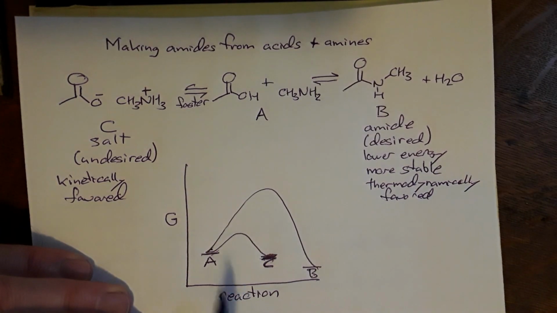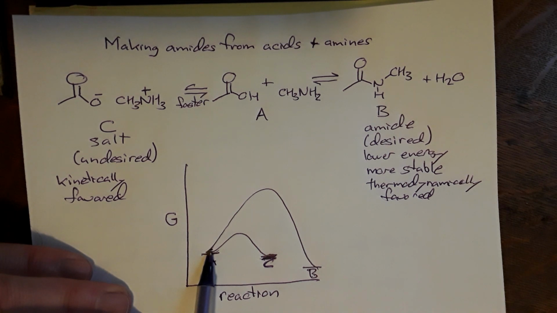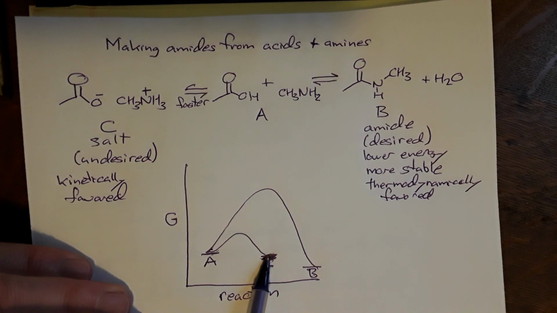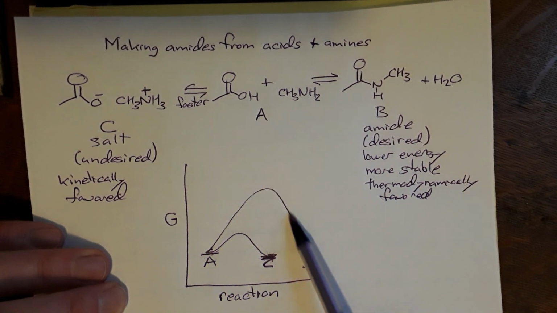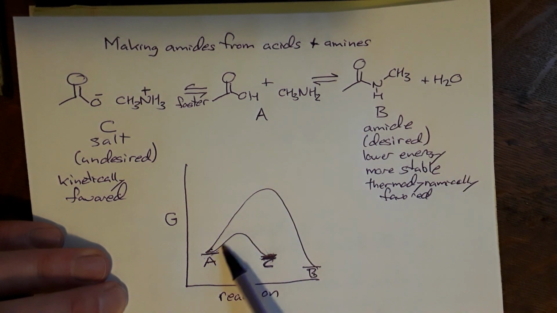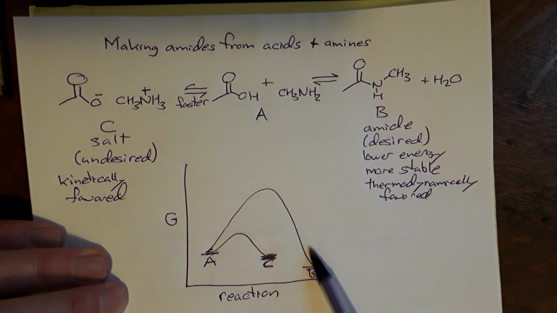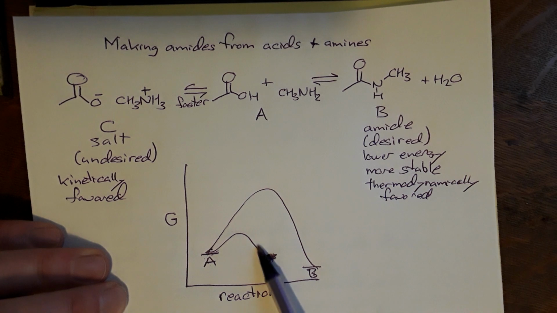So dump the stuff together at room temperature, boom, we get nothing but the salt. Then we start putting energy in. We start cranking up the energy, putting enough heat in there so that we have enough energy to go forward and backward through both of these pathways.